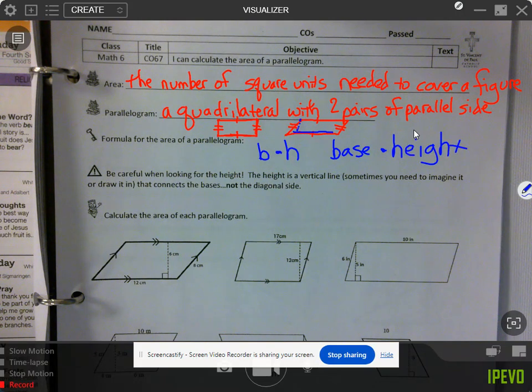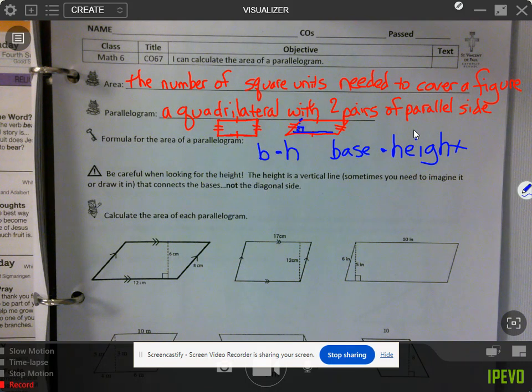Notice on the line that I drew here for the height, we're going to the top point all the way down to the base. We are not doing the side. It is to that top point of the parallelogram straight down to the base, so we're making a right angle.